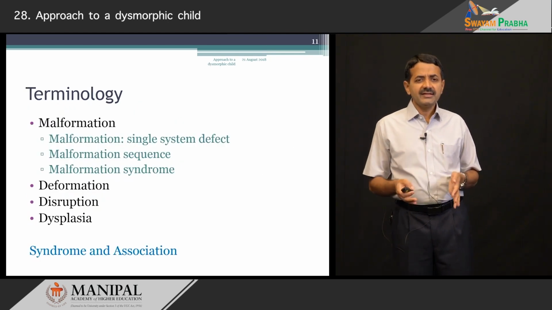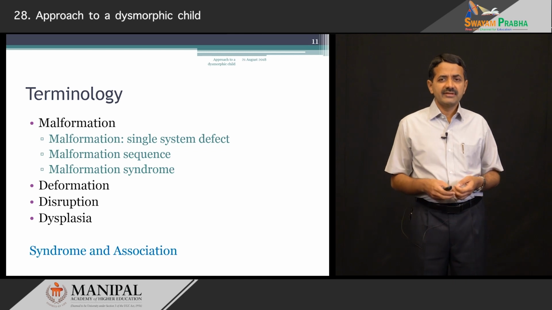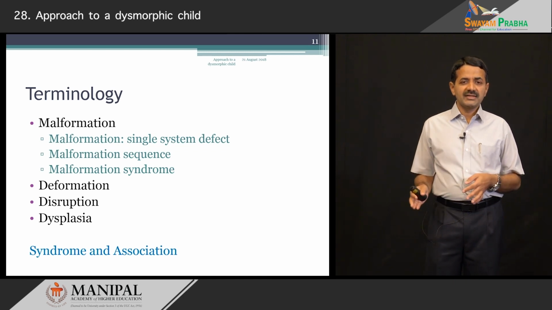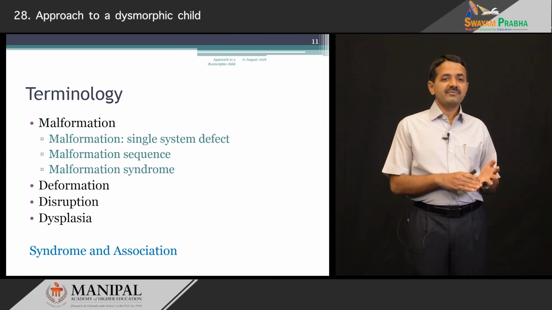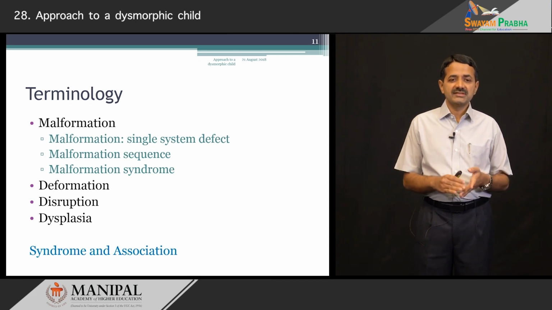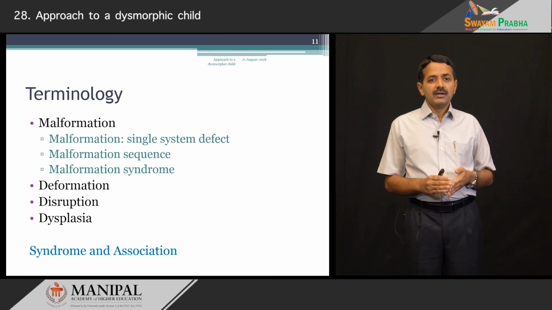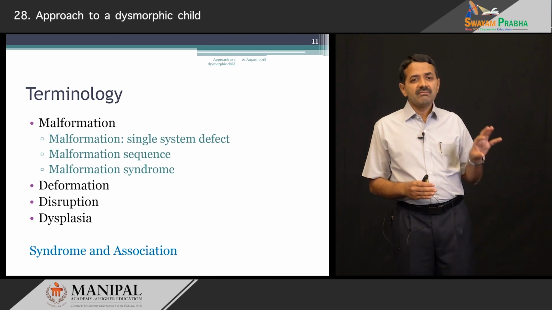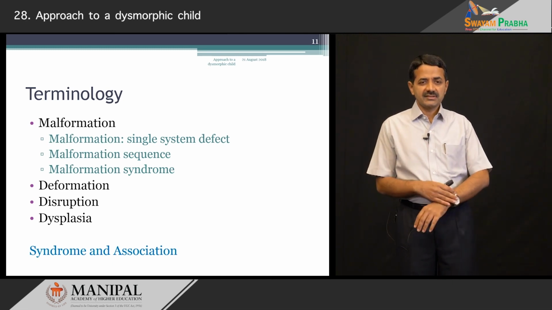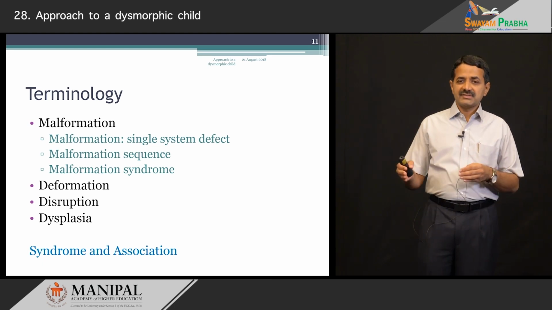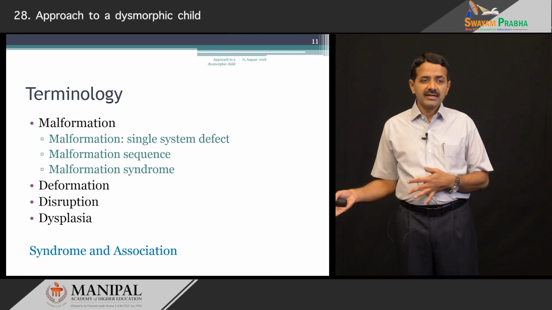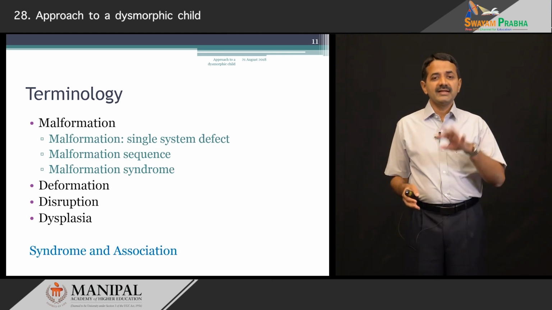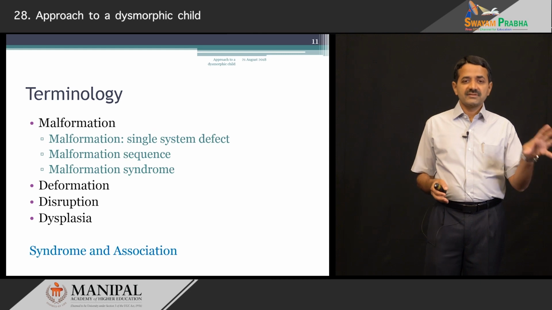We use several terms when we describe the anomalies or birth defects or dysmorphism. It can be a malformation, deformation, disruption or dysplasia, and these can be isolated, confined to a single system, or it can be a sequence where one birth defect leads to the other, or it can be a causally related constellation of several features.